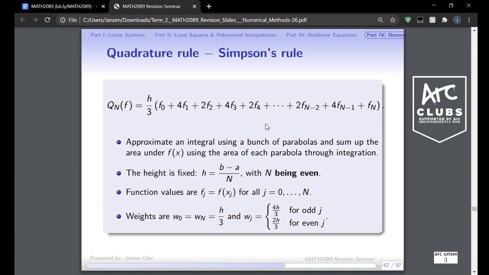If n were equal to 6, they would be 1, 4, 2, 4, 2, 4, 1. So the non-first and last elements follow this 4, 2, 4, 2 pattern. And n has to be an even number, otherwise the pattern just won't work.